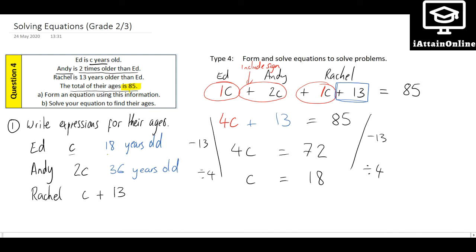So however old Ed was, 18 plus 13, that tells me that Rachel was 31 years old. And you could always double check it by just going through and adding these three, 18 plus 36 plus 31, to see if you get 85. And that's it.